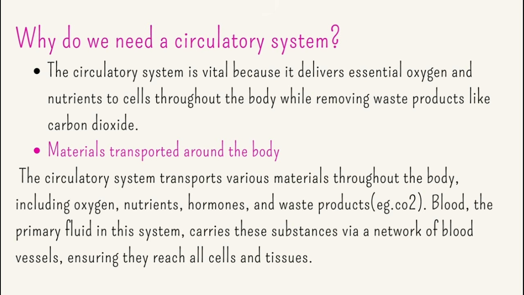Now, the circulatory system literally delivers essential oxygen and nutrients to cells throughout the body while removing waste products like carbon dioxide. We know that as human beings, we inhale oxygen and we exhale carbon dioxide, right? Every single organ in our body needs that oxygen.